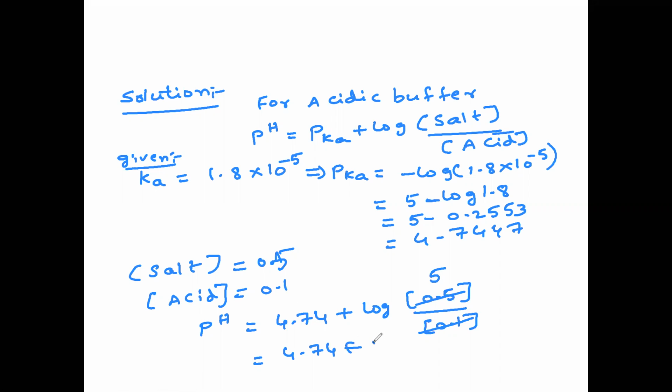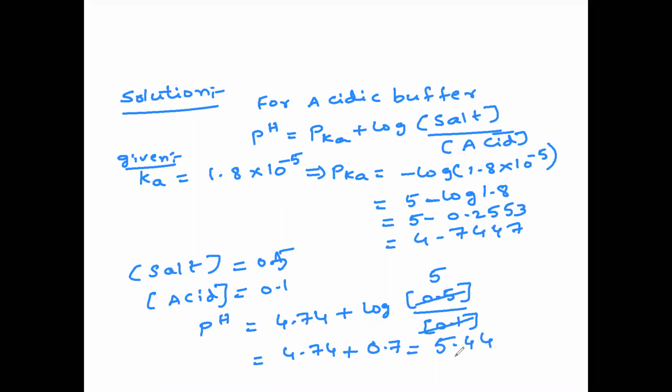That is 4.74 plus 0.7, which is equal to 5.44, and the answer they have given is 6.44.